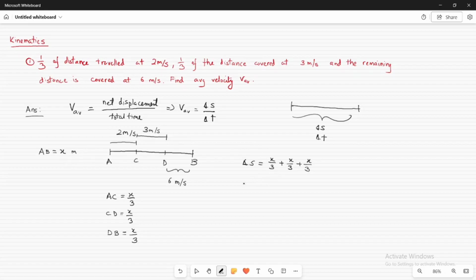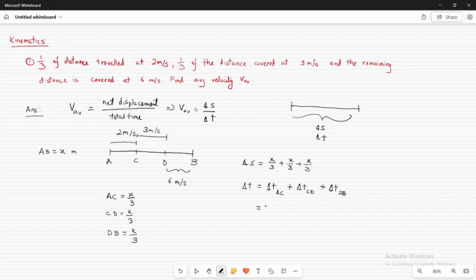Now total time taken equals time taken to cover AC plus time taken to cover CD plus time taken to cover dB.